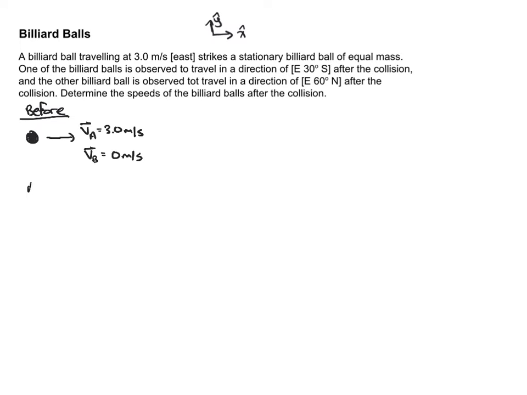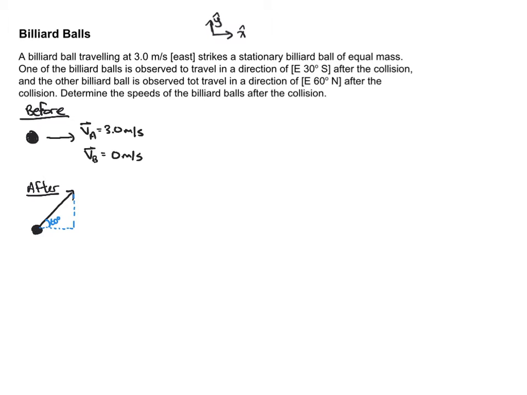And now after the collision, we're going to have the two balls moving. We're going to have one ball moving at, I'm going to draw the one going at east 60 degrees north. So what I'll do is I'll draw components in here. 60 degrees.